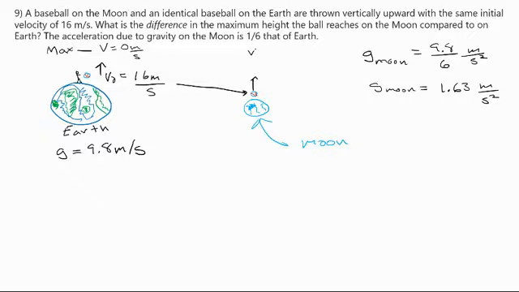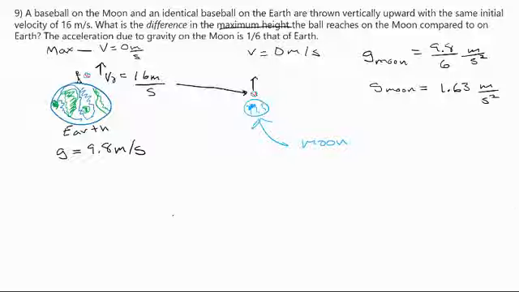Same thing over here, my final velocity would be 0 meters per second. Okay? But what I really need to know is the maximum height. So I'm just trying to double check and make sure. So what do I know? I know two velocities, right? And I know an acceleration, and I need to find the maximum height.